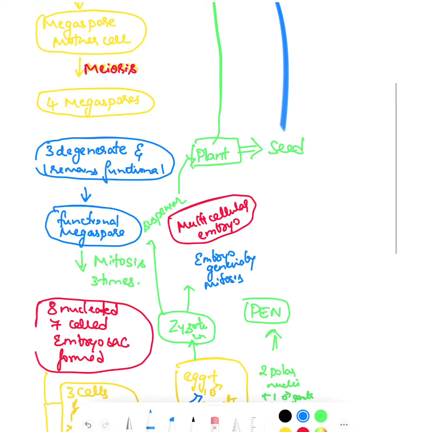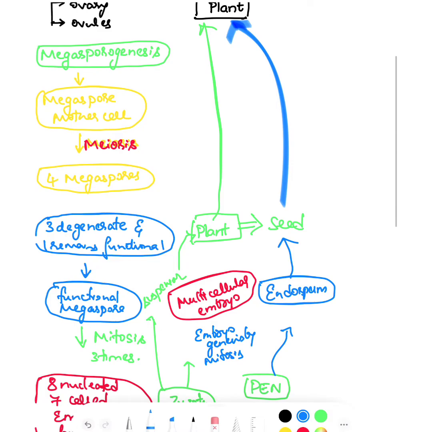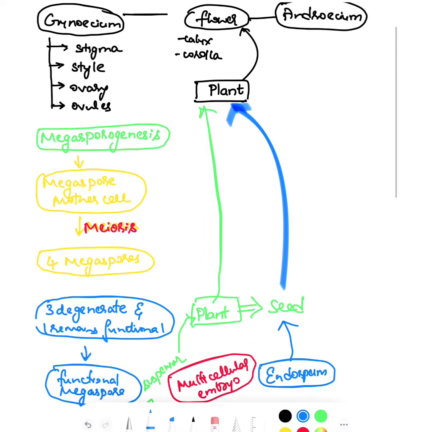After PEN there is a formation of endosperm. This endosperm will form a seed, and this seed will once again form a new plant.